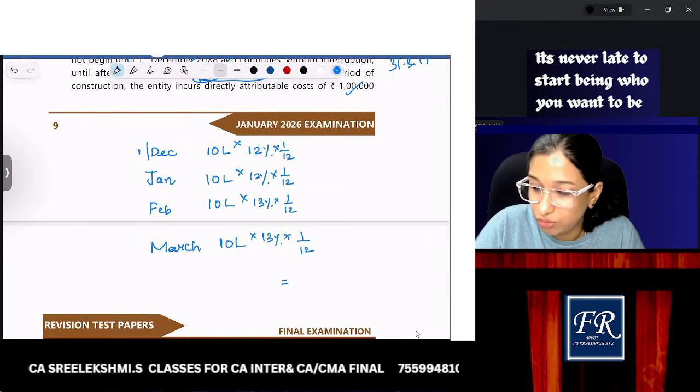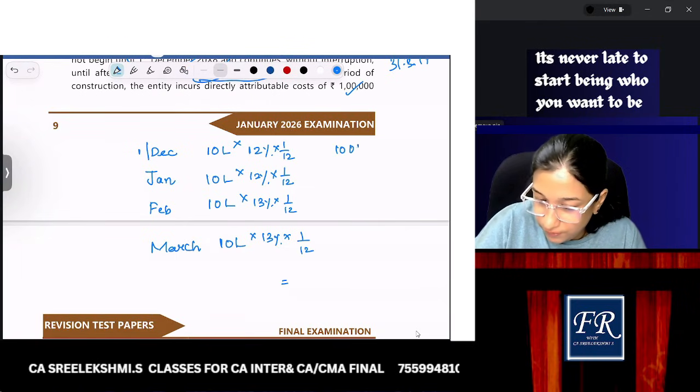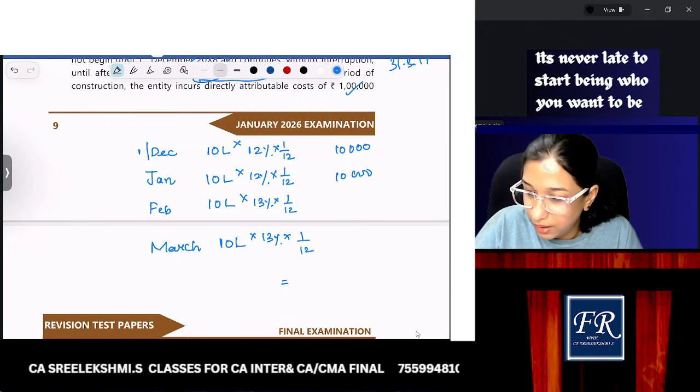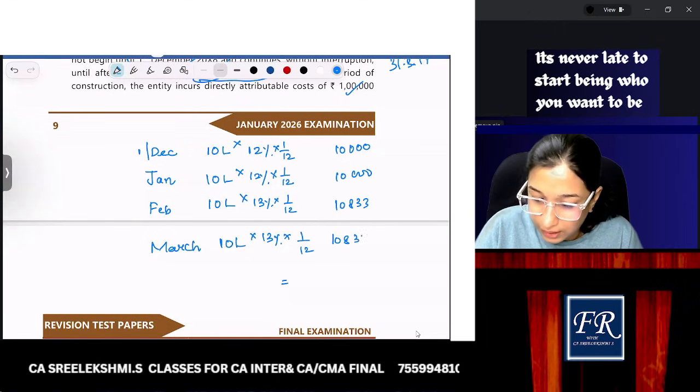10 lakhs into 12% into 2 by 12 in total is 20,000, which is 10,000 and 10,000, and 10 lakhs into 13% into 1 by 12 is 10,833, 10,833.